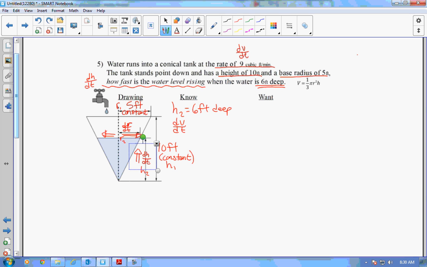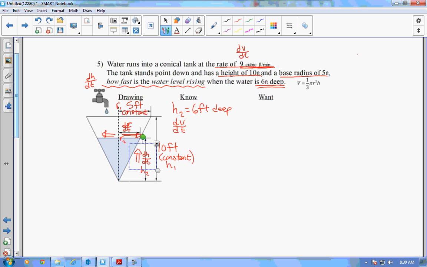We haven't written 9 on here. That's a V. The volume is changing with respect to time at 9 cubic feet per second. So we have dR dt down here and not up here. Because this right here is just on the radius. Because the volume involves a radius and a height, right?